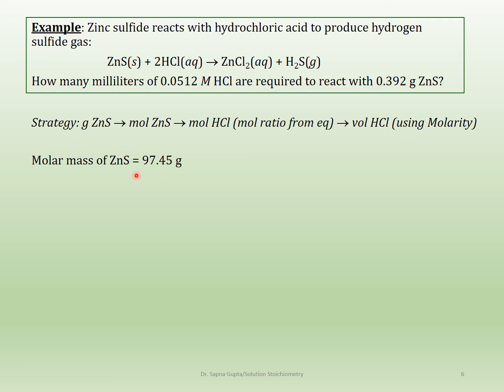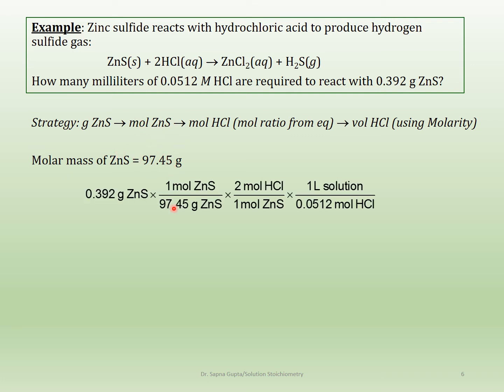Let's start working. The molar mass to find the moles of zinc sulfide. This is the molar mass, 1 zinc plus 1 sulfur. So first, you convert the grams of zinc sulfide into moles of zinc sulfide using the molar mass. Then using the balanced equation, you find out the moles of HCl, which is a 2:1 ratio from the equation. Once you have found the moles of HCl, then you convert the moles of HCl into liters of solution that you would need.